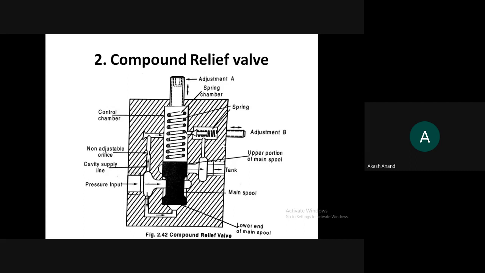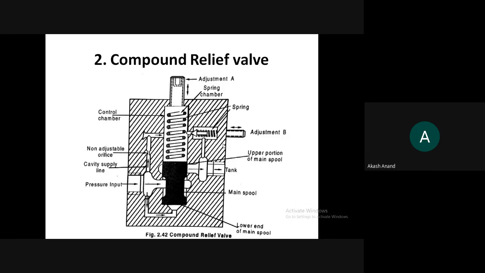So the movement of the spool is actually occurring. When the pressure in the spring chamber above the main spool rises to some level at which it can unseat the cone at adjustment B, some portion of the pressurized fluid will escape through the tank port. This is the second case. The initial case was that if the pressure of the diverted fluid is lesser than the threshold pressure at adjustment B, it will not pass through that port.